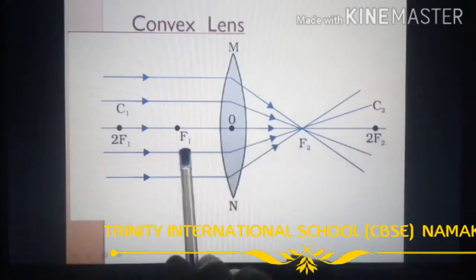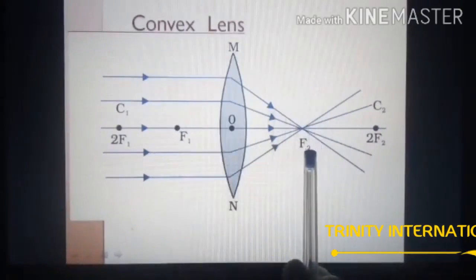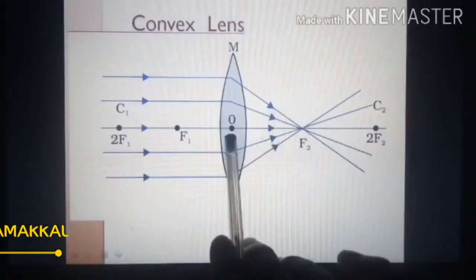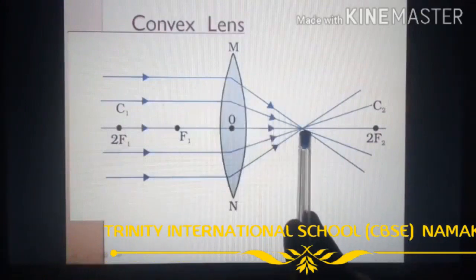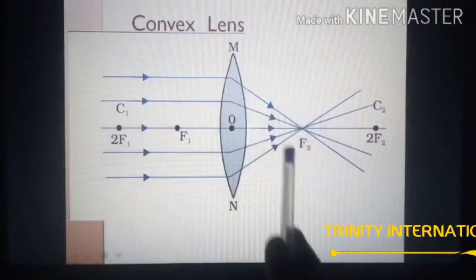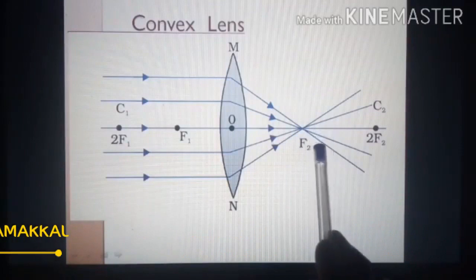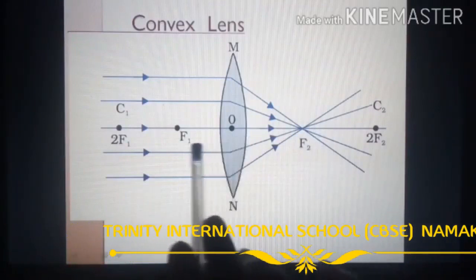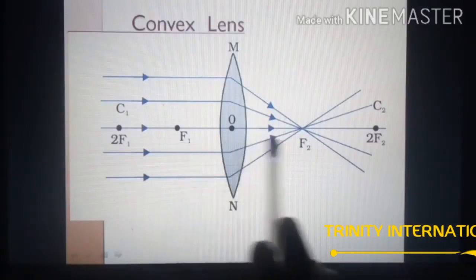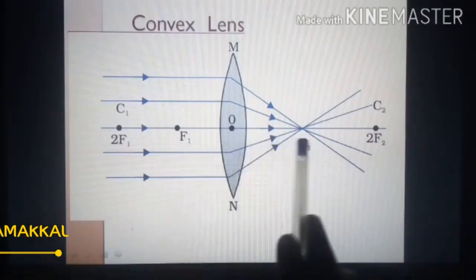F2 and F1 are called the principal focus of the lens, because the parallel rays passing through the lens converge at that point. That point is called the focus or principal focus of the lens. Due to two surfaces, there are two focus, F1 and F2, on either side.